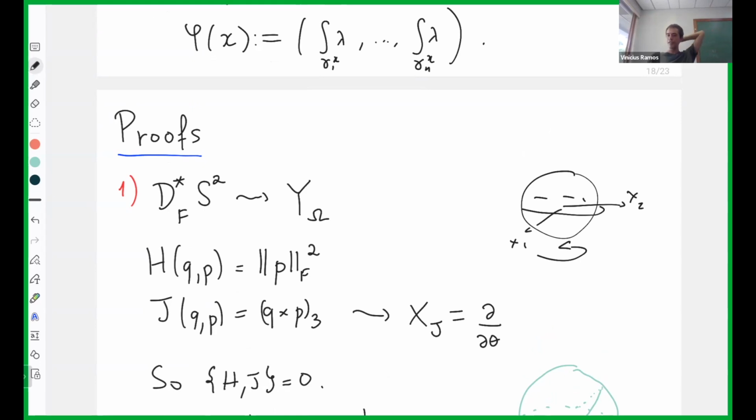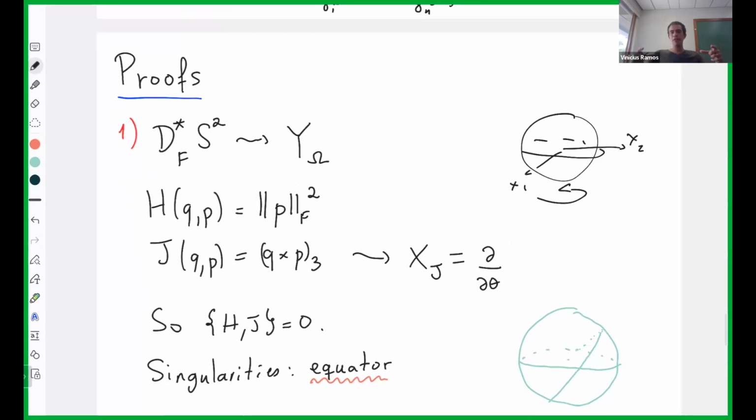Connectedness you have to think a little bit about. But anyway, we can apply the Arnold-Liouville theorem here. And then we have to find the loops. I'm not going to tell you how to do all of that, but you can do it. The thing to notice is that we only get singularities, places where you don't have a regular value, exactly at the equator.